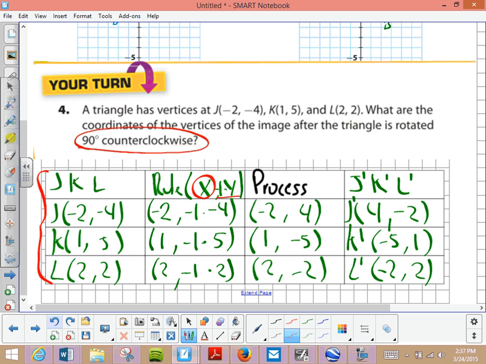So negative 1 times negative 4 gives me 4. Negative 1 times 5 gives me negative 5. Negative 1 times 2 gives me negative 2. And then you have to flip them, right? So the x becomes y, and the y becomes x. So the 4 now becomes the x, and the negative 2 now becomes the y. And the same thing happens for all of them.